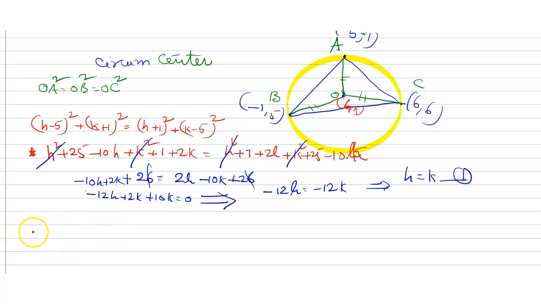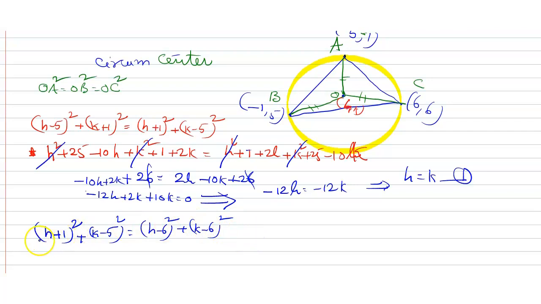Now let us take OB and OC. OB is (h minus of minus 1, that is h plus 1) whole square plus (k minus 5) whole square. This should be equal to (h minus 6) whole square plus (k minus 6) whole square.